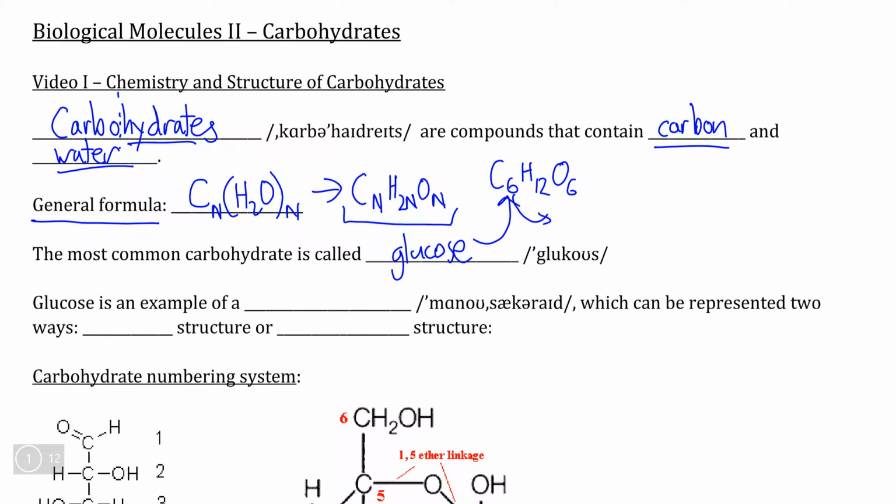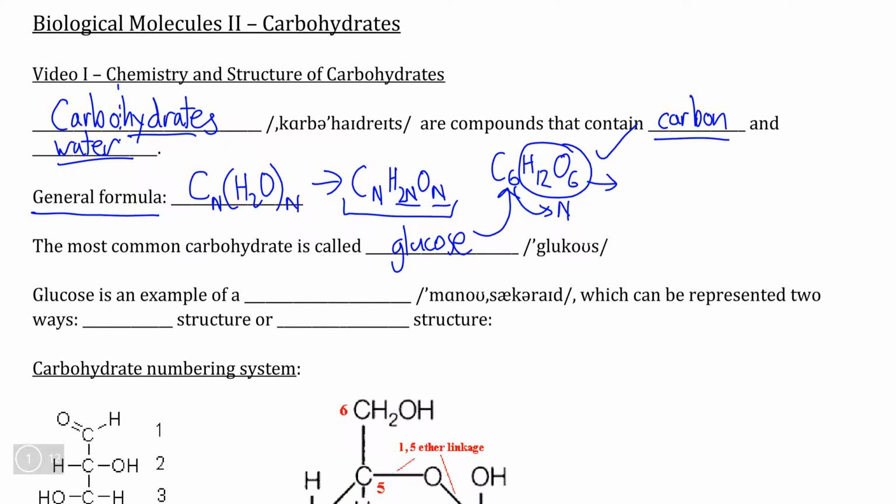So here we can see that 6 represents N, that being the number of carbons. And if we break down the water component here, we have H12. 12 would be 2N, and 6 would be N as well. So we can clearly see that glucose follows the general formula that we came up with here.